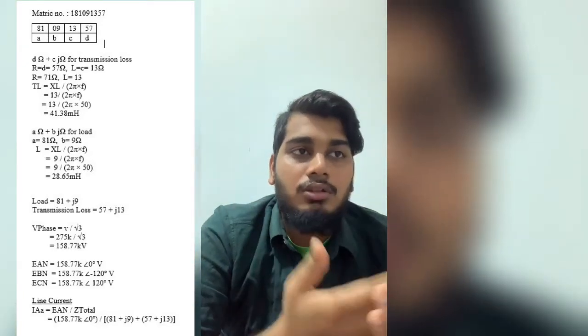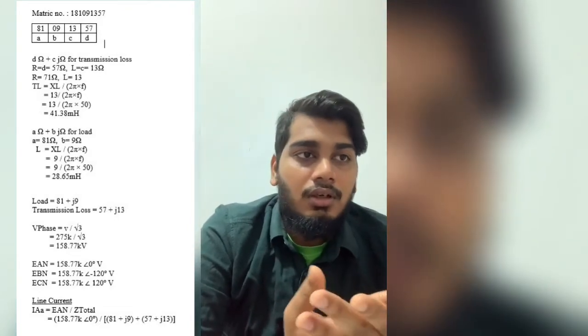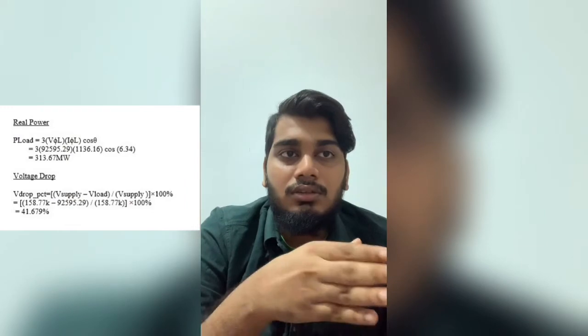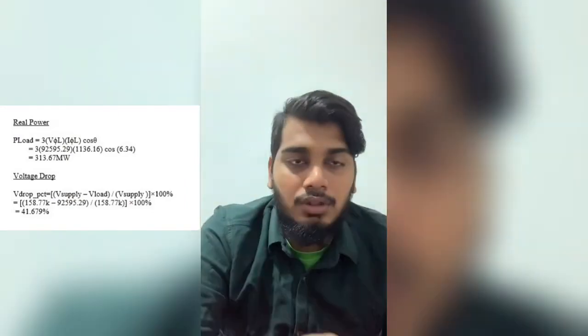We'll find out our transmission loss and load. After that, we need to find the phase and line current, real power, and so on, all the needed information that was given in the questions.